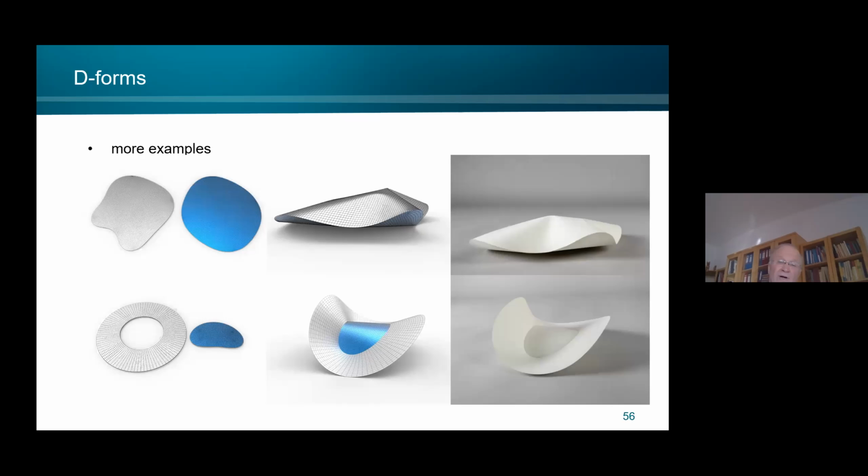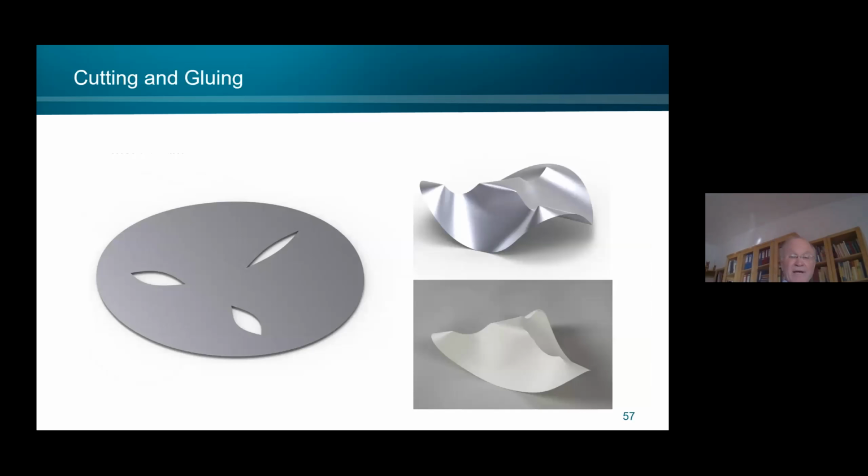Here are a few more examples, and you always see a relatively nice correspondence between the physical model made from paper and our digital model. And this gluing is very simple because we can take here a quad mesh where the boundaries which should be glued together are edges in this mesh.